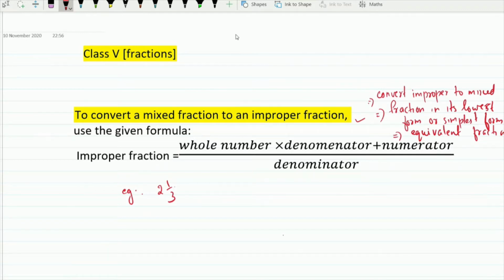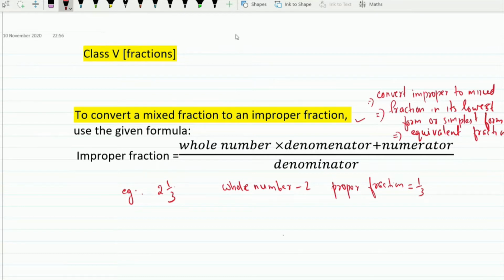It consists of a whole number part, that is 2, and a proper fraction. What is the meaning of proper fraction? Numerator is less than the denominator, that is 1/3 is the proper fraction. Therefore 2 1/3 is the mixed fraction.